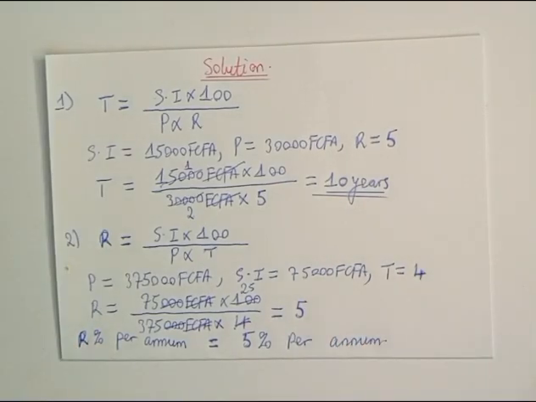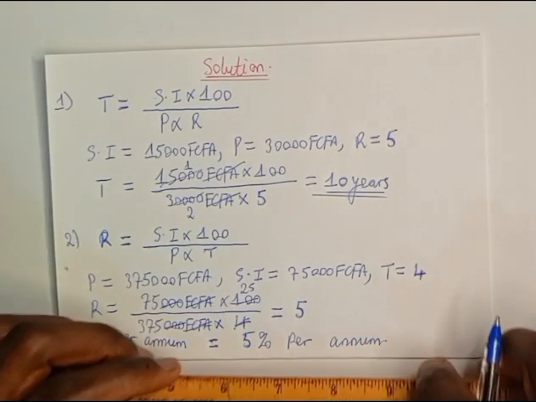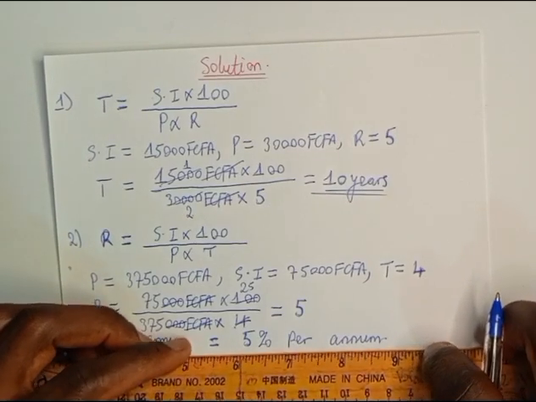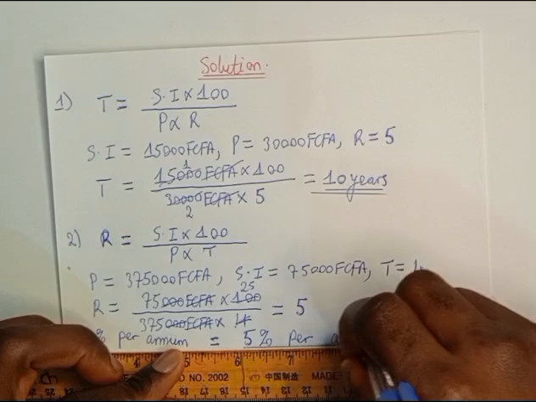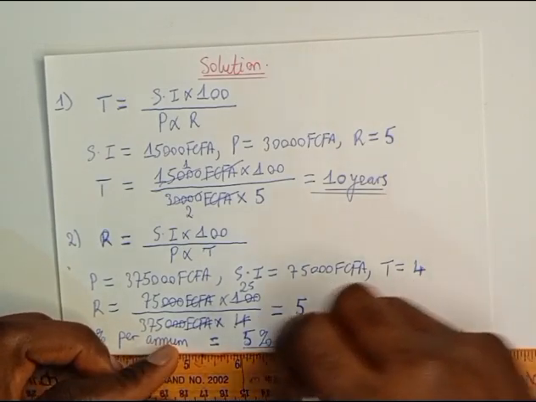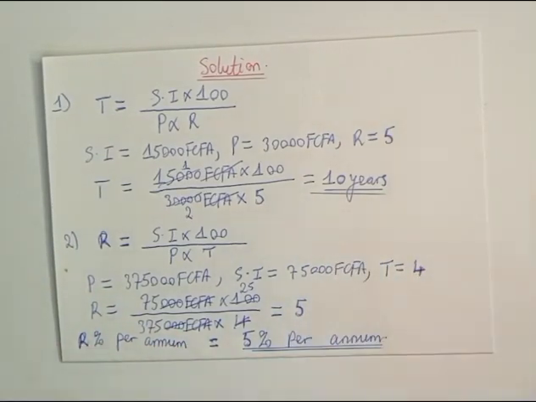So this is the rate per annum needed for 375,000 francs CFA to yield a simple interest of 75,000 francs CFA within a time period of 4 years. Move now to question 3.